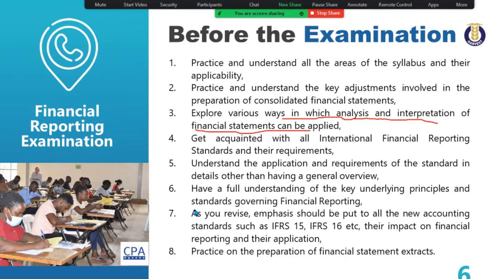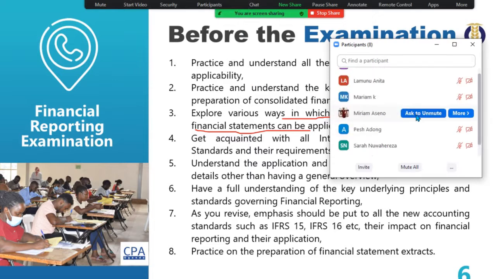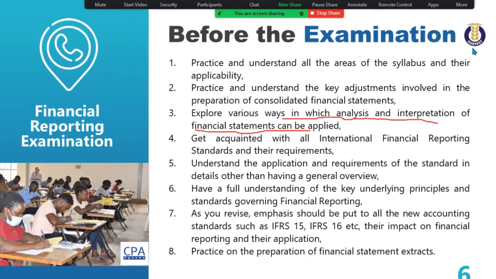Of course, as you're doing the examination, you'll be required to prepare financial statement extracts. You may not prepare a full statement, but the examiner may tell you to prepare an extract. An extract is not a full statement. Even if it says prepare financial position extract, profit or loss extract, don't prepare the entire statement.